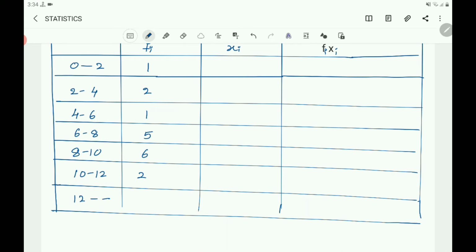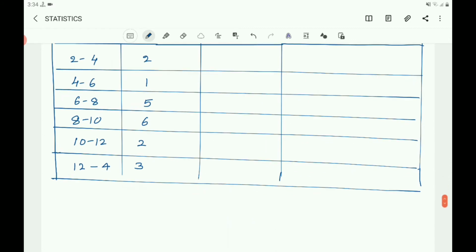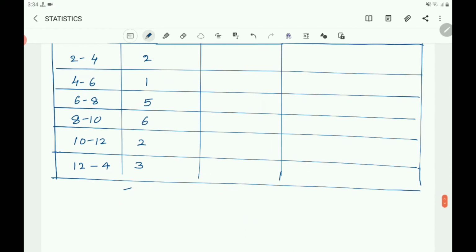12 to 14, frequency is 3. The frequencies are 1, 2, 1, 5, 6, 2, 3. Then you can have the sum of the frequencies, summation of fi.